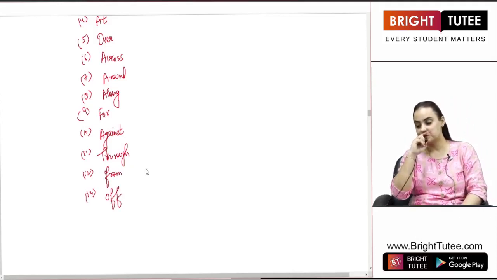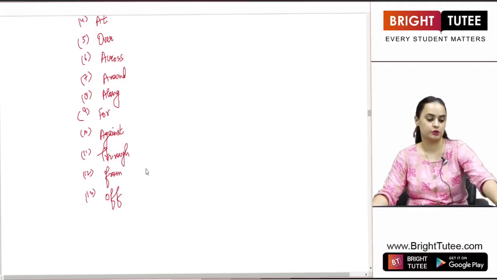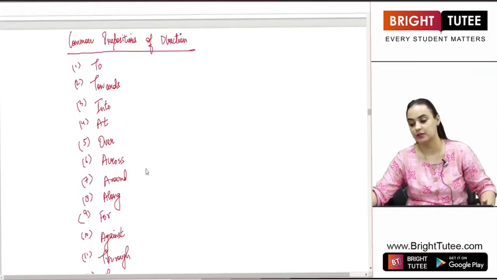So these are the most common prepositions of direction that we use.